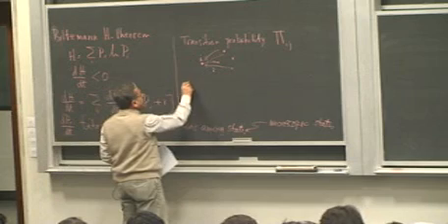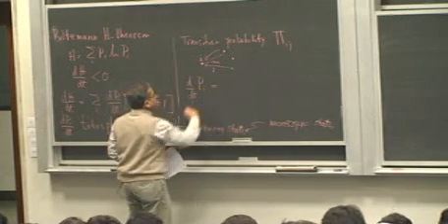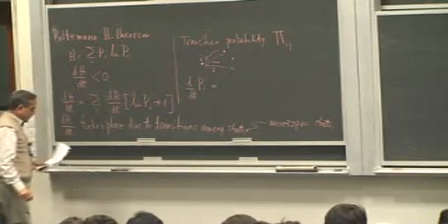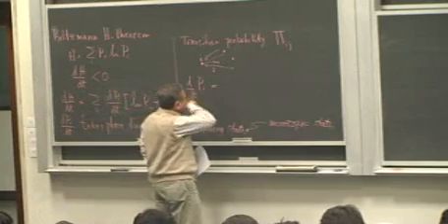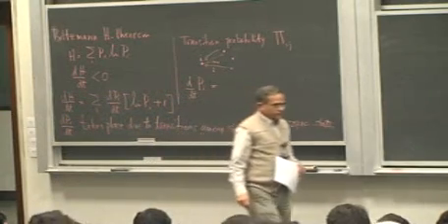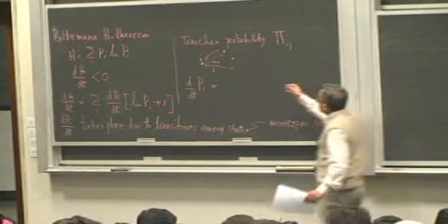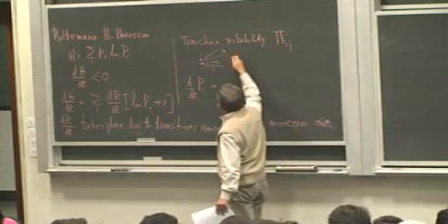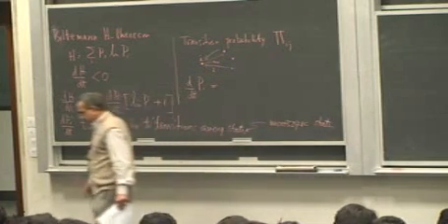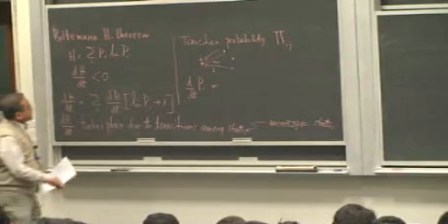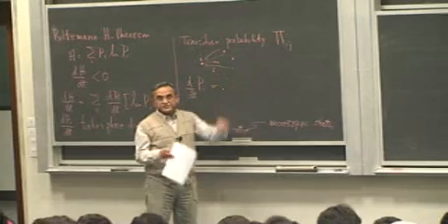So if we want to find dpi by dt, the time rate of change of pi, it will be equal to the probability of particles, which are all in different other states, making a transition into the ith state, minus the probability of particles already present in the ith state going out of the ith state.